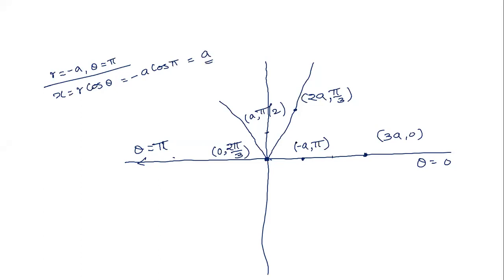So x is equal to a, and y is equal to r sin theta, that is minus a into sine of pi, and that is equal to 0. If we think for a while that this is the x and y axis, then x is equal to plus a and y is equal to 0. So you must have agreed now that x equal to a, y equal to 0 is exactly the same as r equal to minus a and theta equal to pi. So these are the different points we have plotted.